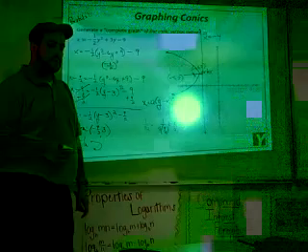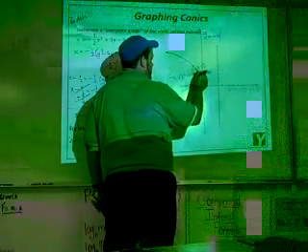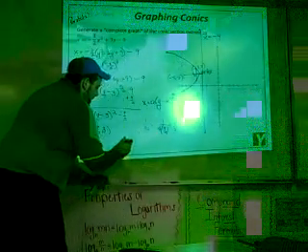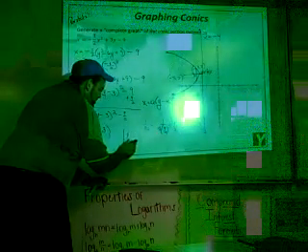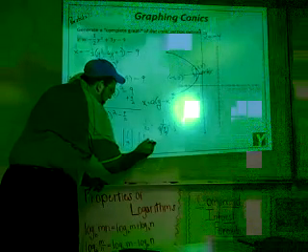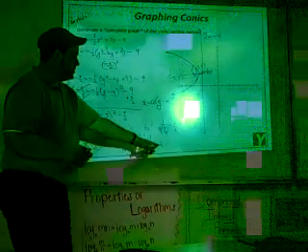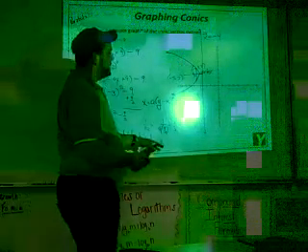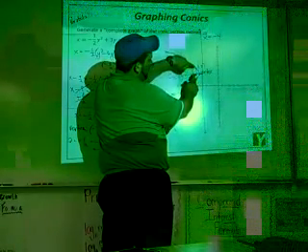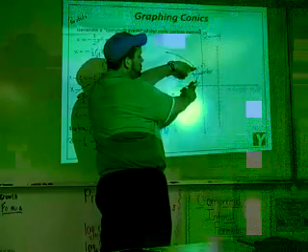If I want to determine my focal length, the way that you find how wide the parabola is, that is determined by the absolute value of 1 over a, which is 1 divided by 1/2. So we get 2. What that tells me is the focal length, starting at the focus, and if I go up to the parabola and down to the parabola, that length is 2.